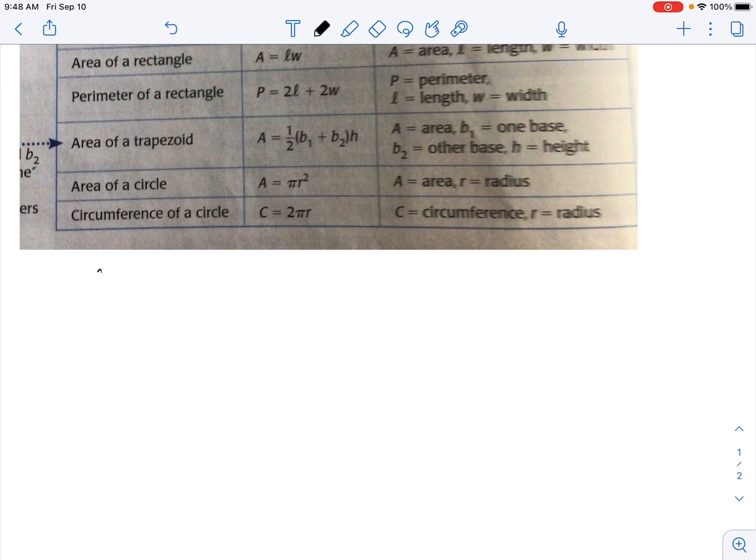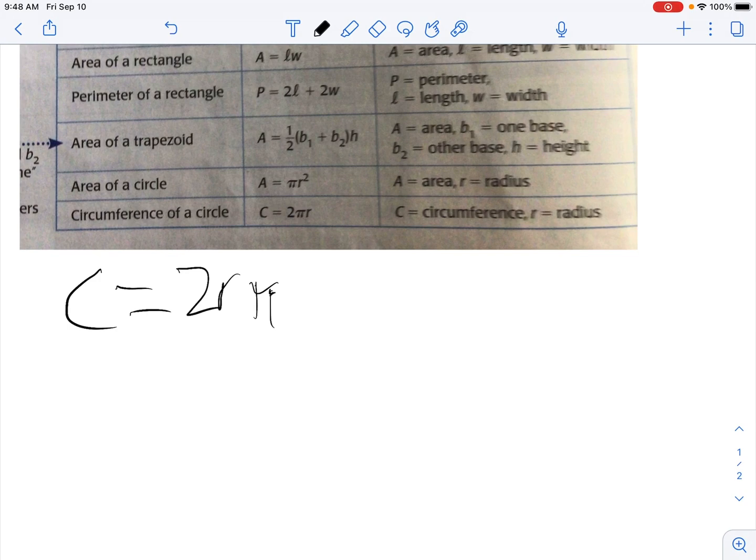So our first example is rewriting a formula with two variables. Let's say we have the circumference formula, C equals 2 times pi times r, 2 pi r. But because pi is kind of a tricky one, because again, it never ends, I actually like to write this formula as 2 radius times pi. Now, think about multiplication. 3 times 5 or 5 times 3 is the same exact thing.